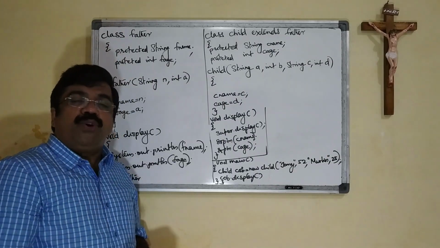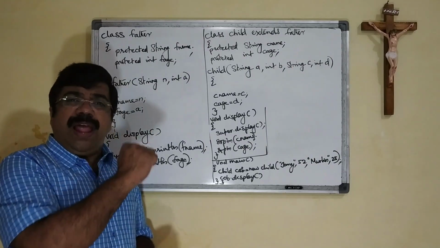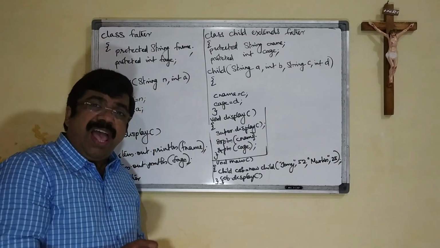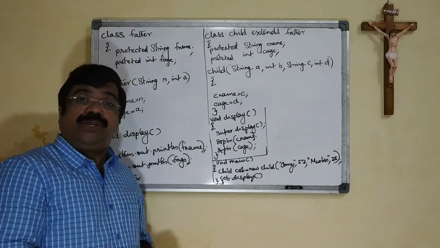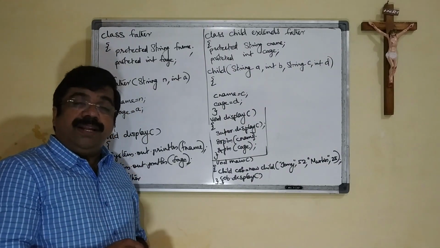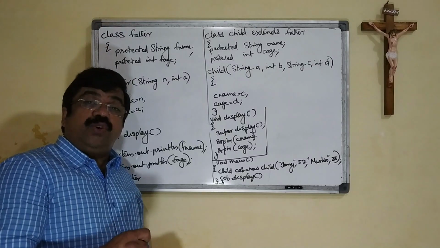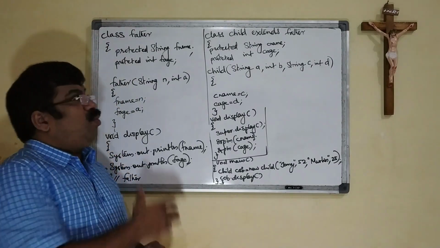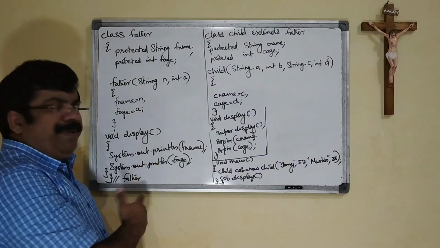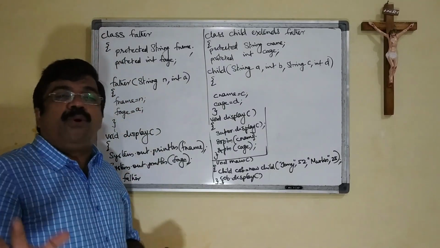Today we have a new portion. What will happen when we have a base class constructor with parameters and a derived class constructor also with parameters? I wrote one demo program here.